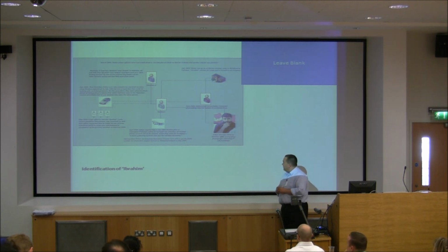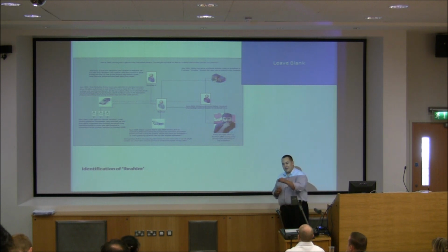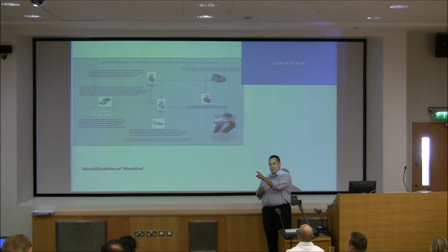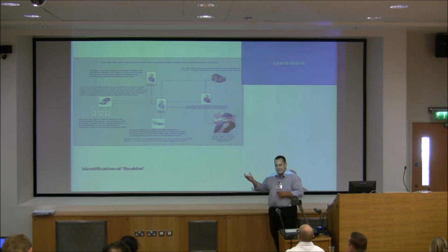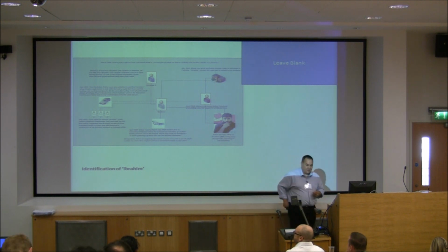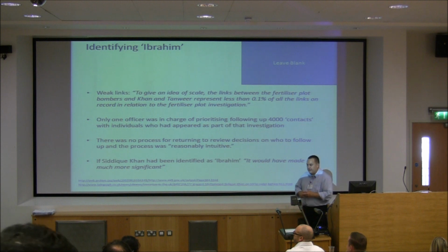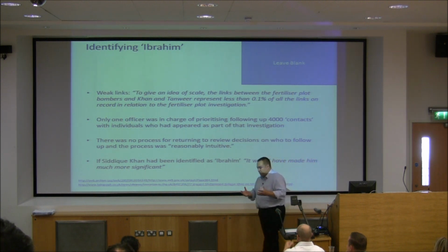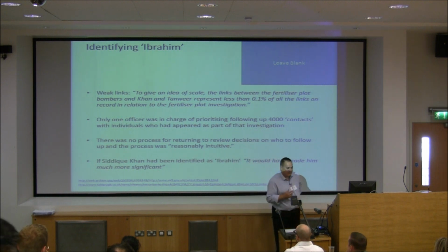And again, it was Baber who was then able to identify Khan from CCTV images, which were much clearer and much easier for him to identify. So he was the person who first failed to identify Khan and then later on was able to. So what the press was saying was, well, surely this would have been easy to sort out. It's the same person. You can see from the pictures.